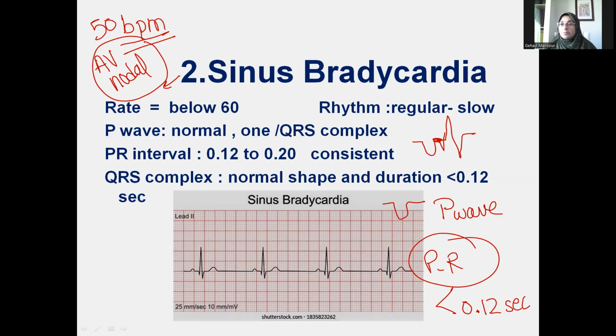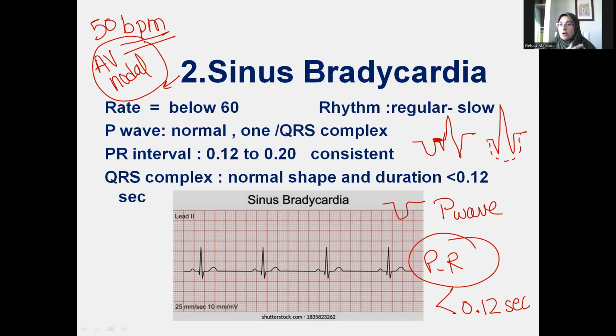If the PR segment starts getting shorter and shorter, you would find that the two waves, the QRS complex and the inverted P wave, would be superimposed on each other. So why is it at the expense of the P wave? Because the P wave is the smaller deflection, so it wouldn't appear, but it might distort a bit the QRS complex.